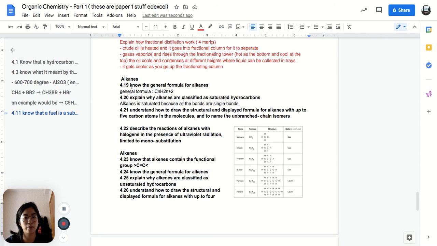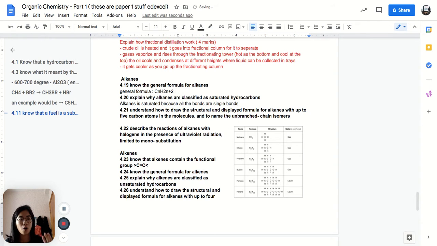So 4.19: know the general formula for alkanes. The general formula is what the whole group uses to form its members. You probably will be like, what are you talking about? The general formula for alkanes is CnH2n+2.